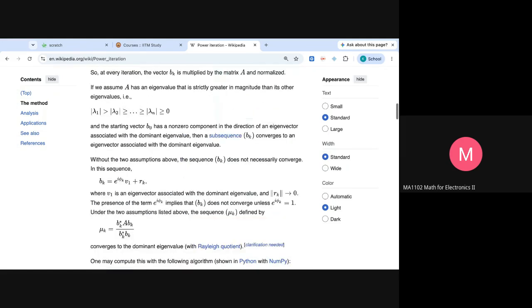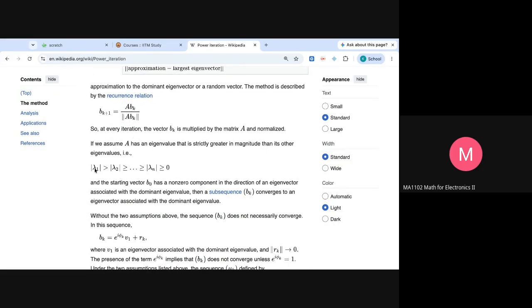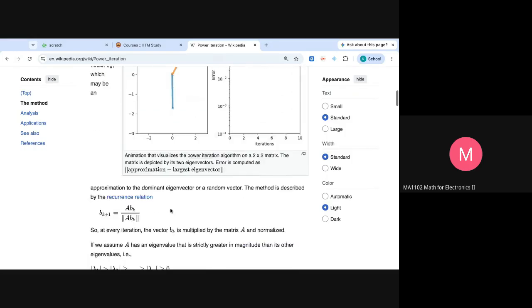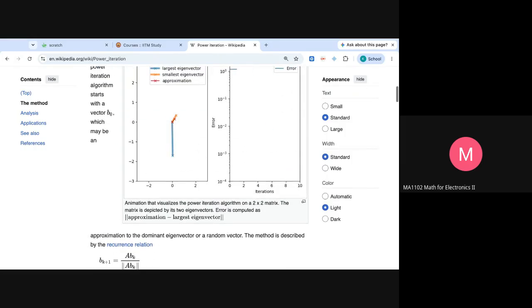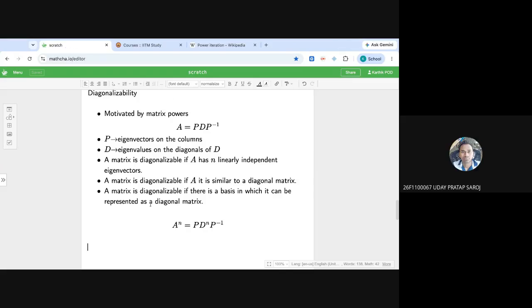Repeatedly multiplying by A ensures that the dominant eigenvalue comes to the forefront while others fade away. So in practice, that is one method. This power iteration has a lot of interest; I'll check it sometime. So that is diagonalizability.